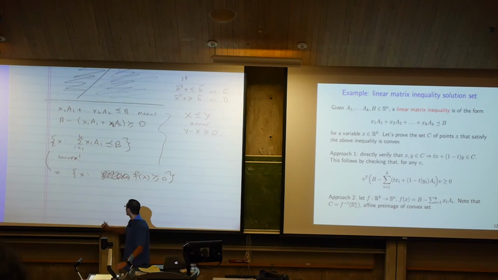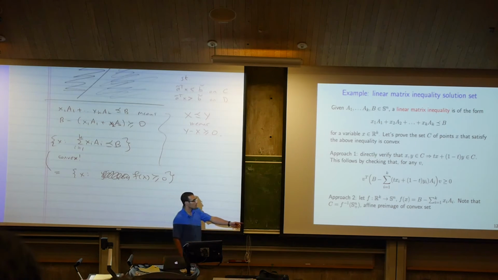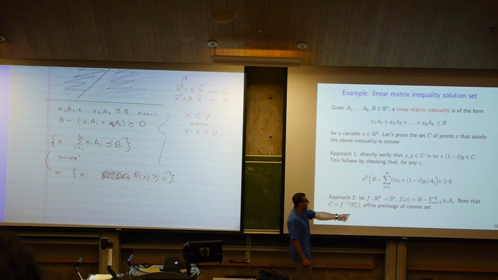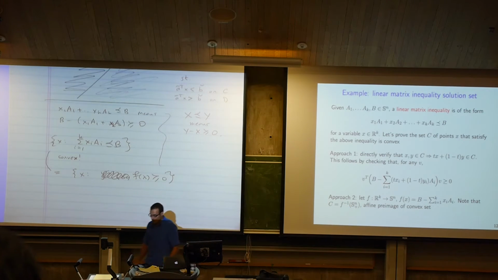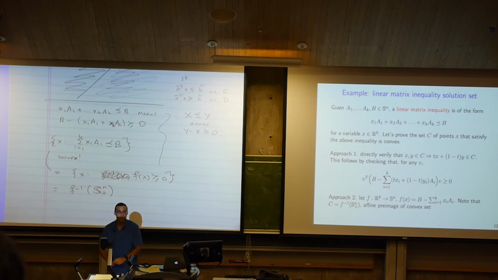The set of all x for which, when I apply this affine function to x, I get a positive semi-definite matrix back. That is directly from the way we constructed f. Which means that this set is actually just the preimage of the PSD cone with respect to this affine function.